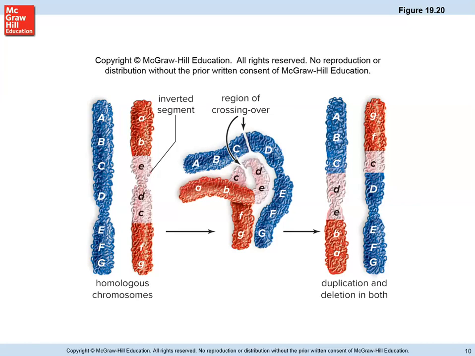And then when you engage in crossing over with it, you get some inversion, some duplication, some deletion, some everything going on, perhaps in both of those chromosomes after they engage in crossing over. So that particular problem that occurred only in one chromosome became ultimately a problem in both chromosomes after crossing over occurred. So with those sorts of things, they're probably not going to turn out alive at all, in a human at least. Again, plants and other things are a little bit more flexible with that.